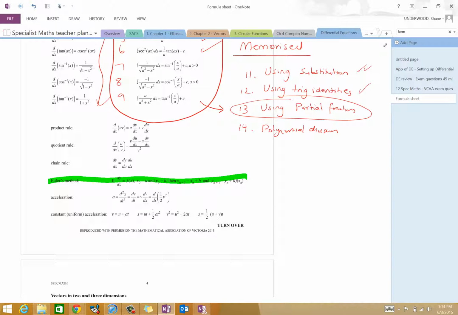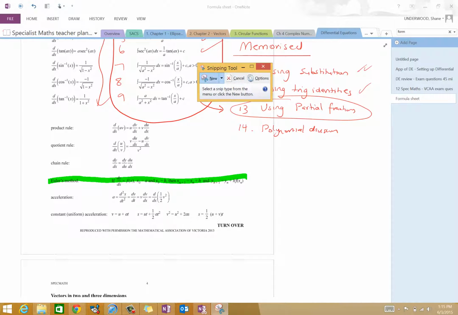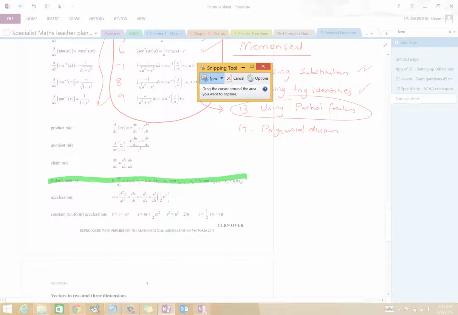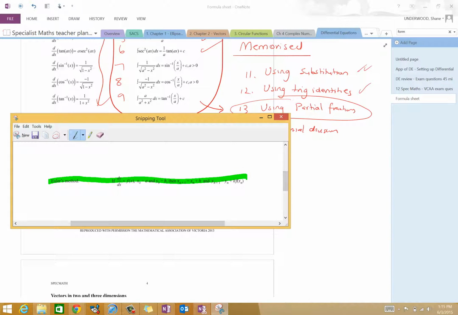Now what we're going to do then is recall this, and I don't know how I'm going to do it. Maybe if I go to the start menu and go snipping tool, but I don't know how I can do that without typing. So I might just go over here and do a little snip of that. Snip, snip. Okay. Enthralling viewing. It is enthralling viewing.